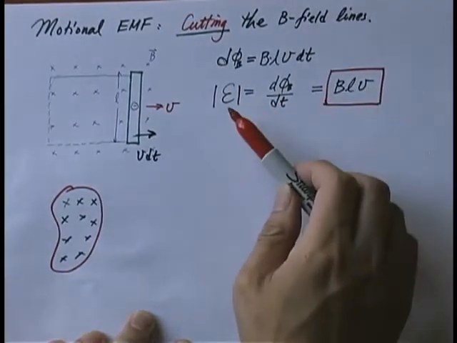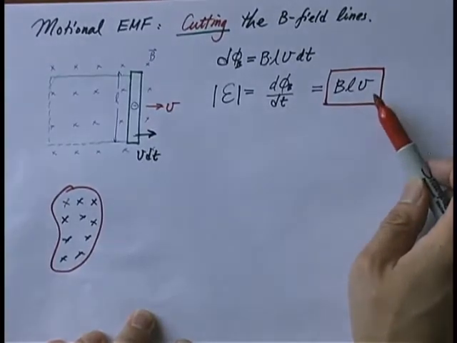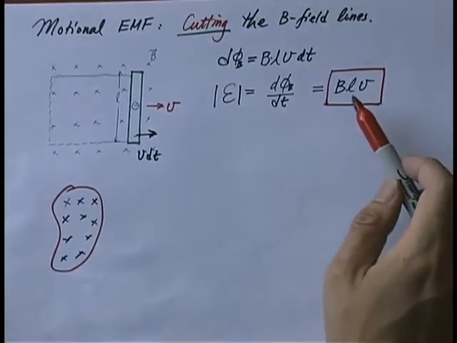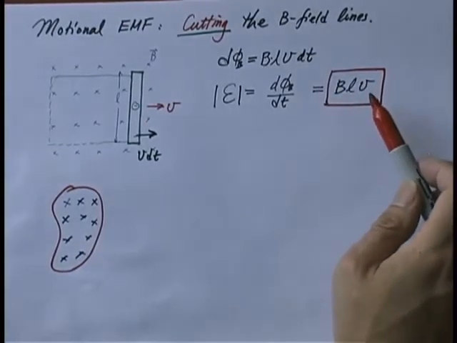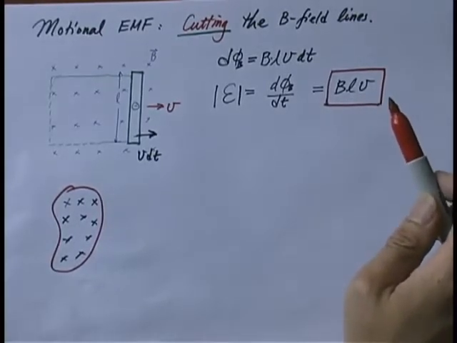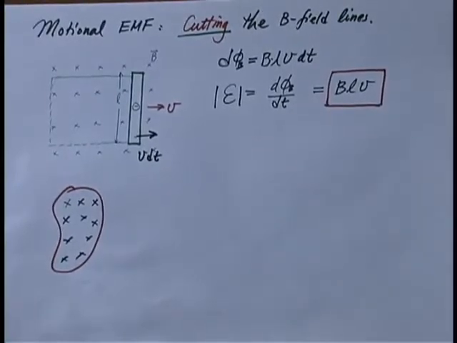You will generate an EMF on the bar which is equal to B times L times v. Now, the product of three quantities makes sense. A greater B field, a longer bar, and faster cutting will mean a greater rate of change of magnetic flux over time, and therefore you will generate a greater EMF.